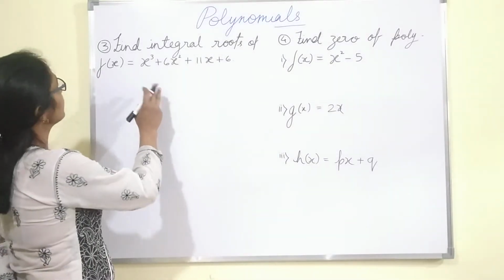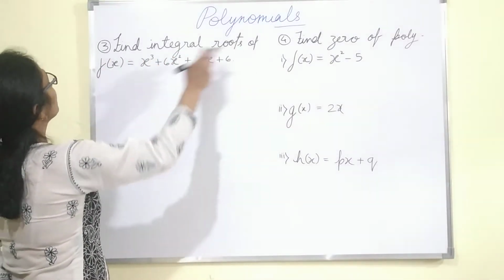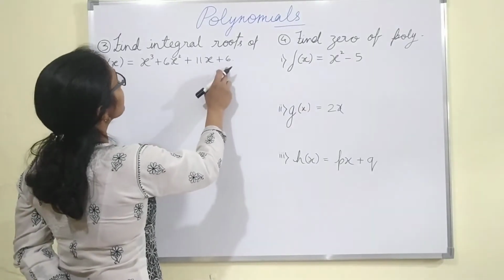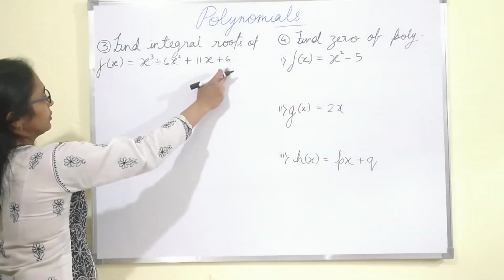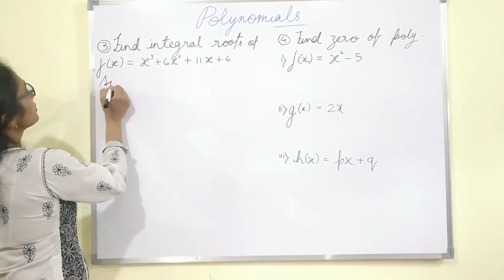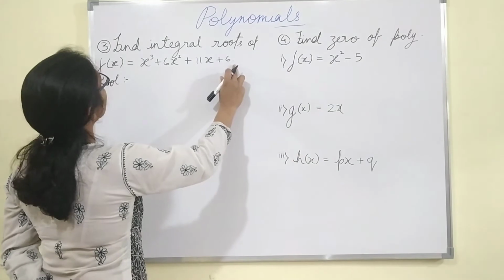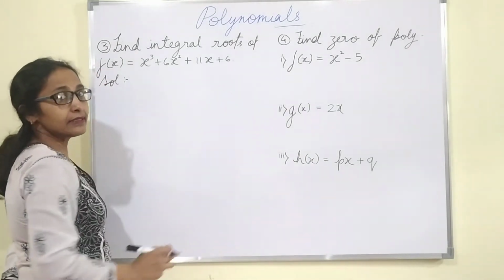So our next example is, find the integral roots of f(x) = x³ + 6x² + 11x + 6. Okay. First we will see the constant term of this polynomial, that is 6.